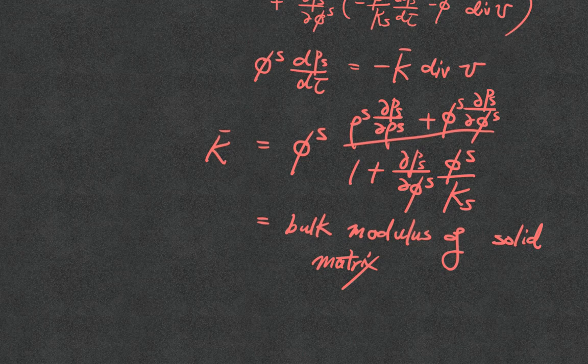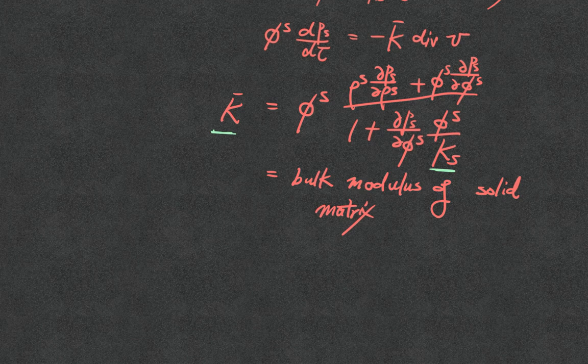Now, this looks very ambiguous, but there are a few highlights here. You see the K here. This is the K we talk about for the entire ensemble, and this one is the bulk modulus of the individual solid grain.